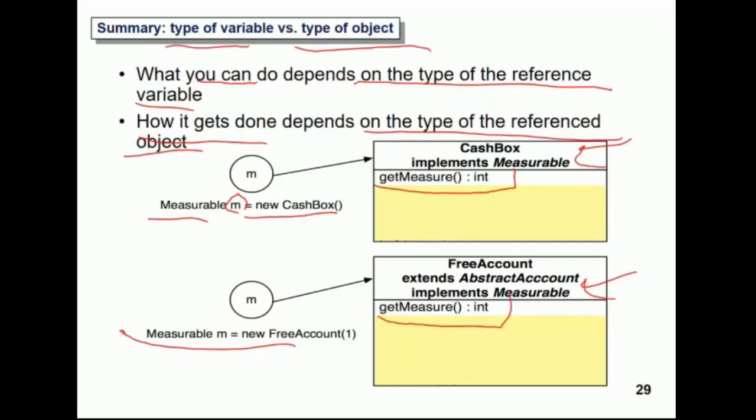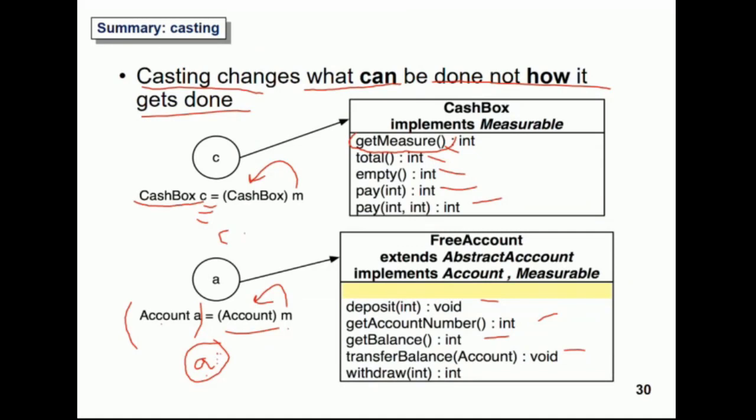Previously, when we called it FreeAccount, we had access to getMeasure, but now it's disappeared because getMeasure is placed in the AbstractAccount, and here I'm casting to Account. I'm not casting to the AbstractAccount. If you want to retain the getMeasure method, you need to cast to the specific type that you want. So you need to cast to either FreeAccount or OverdraftAccount.